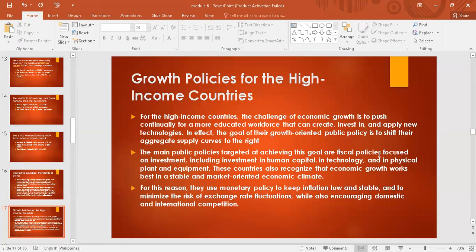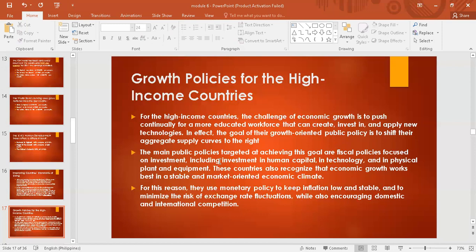Wait lang. Meron po tayong tinatawag na fiscal policies. Ito, fiscal policies and monetary policies sa economics to improve the government, to improve the decision-making of the lawmakers sa isang society.